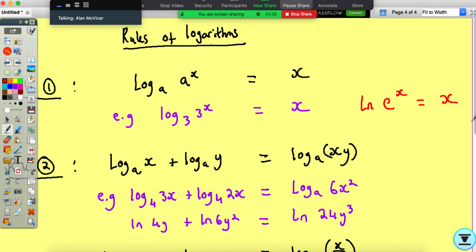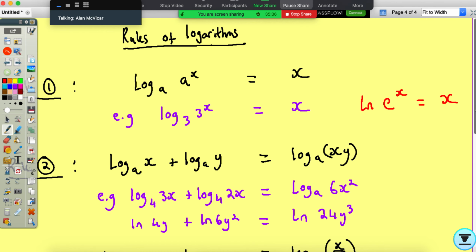Right, the other rules we need to know. If you add two logs that have the same base, you can multiply them inside one log. So here, these logs have got the same base. I'm adding them together, so I just multiply those two terms. So it gives me log to the base a of 6x squared.